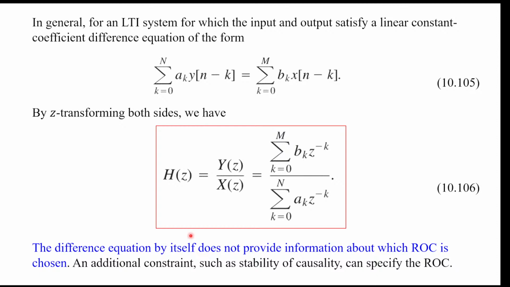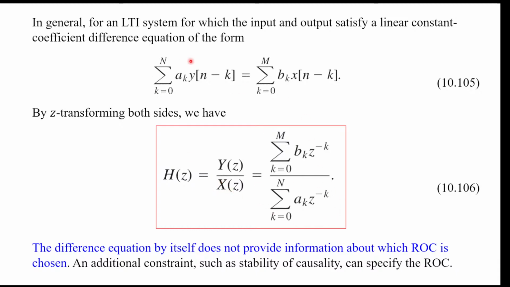Okay, and we have a general form of the algebraic part of the system function by just looking at the difference equation. If we have the summation of a_k y[n minus k] equal to the summation of b_k x[n minus k], then our H(z) is Y(z) divided by X(z).